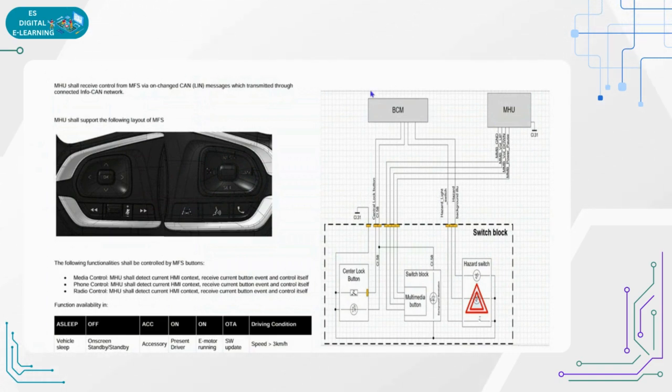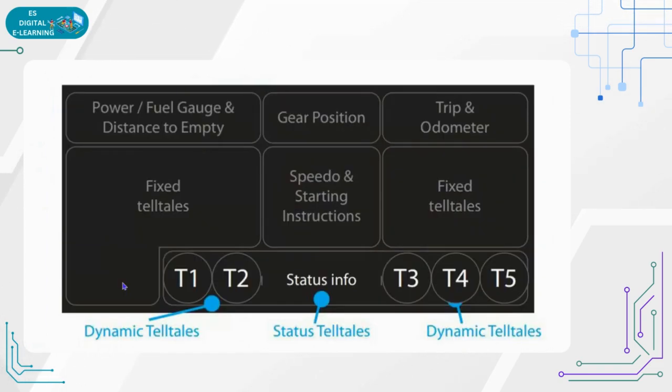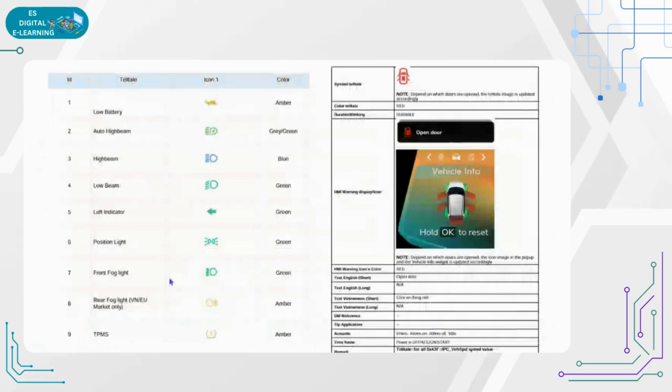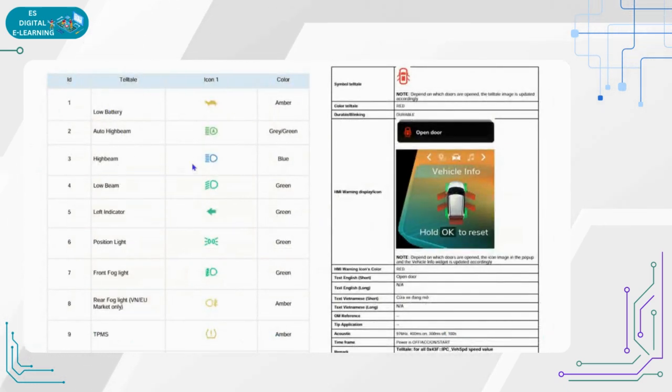So that body control module data should also connect with the MHU, where the driver needs to see it. This is a part of low battery or high beam or low beam or left indicator. He can see these icons, you will get them displayed in the e-cockpit. Is it clear? So these are warnings. Like if the doors are open, the vehicle will show the image of open doors.